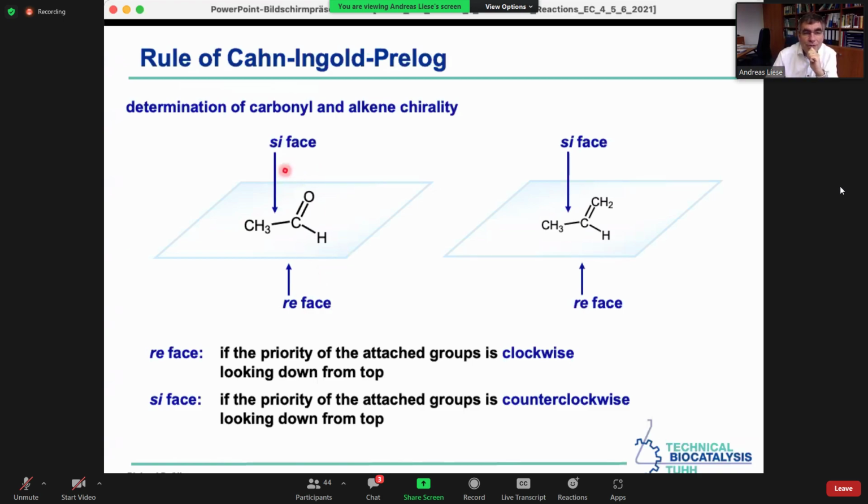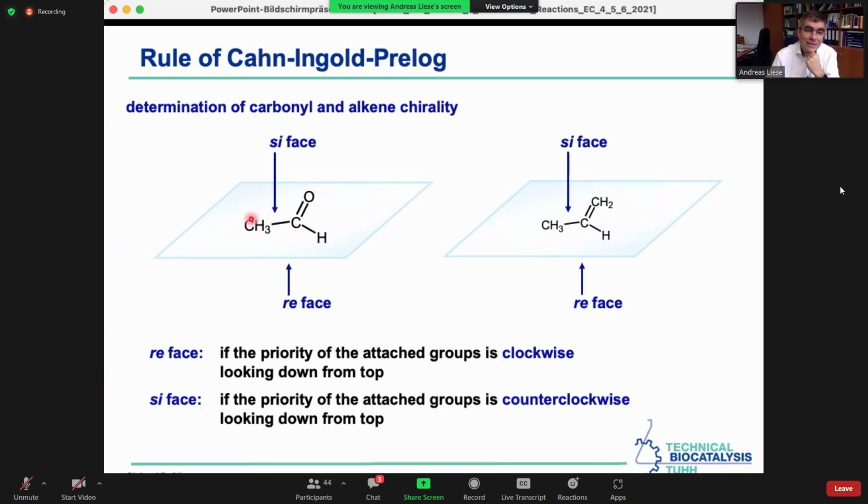We're applying the Cahn-Ingold-Prelog rules, looking from the top or from the bottom. So we will have a turning point, left or right, which will be S or R, pro-S, pro-R, or Re and Si face. So just to repeat this here, on the Si side, we're looking at this carbon with 1, 2, 3 residues, and hydrogen is the one with the lowest, you already know.